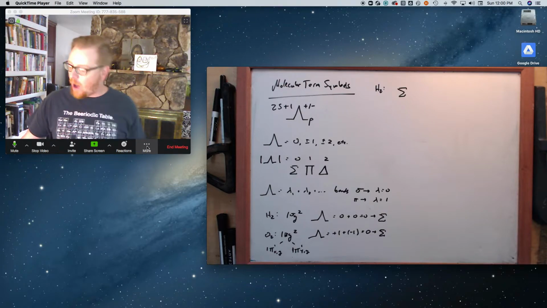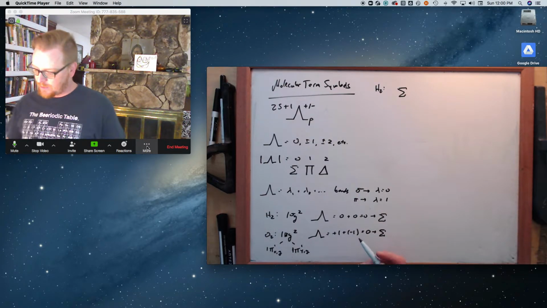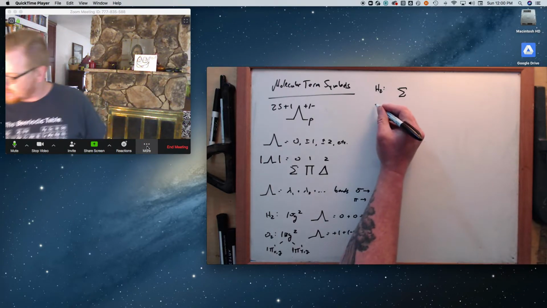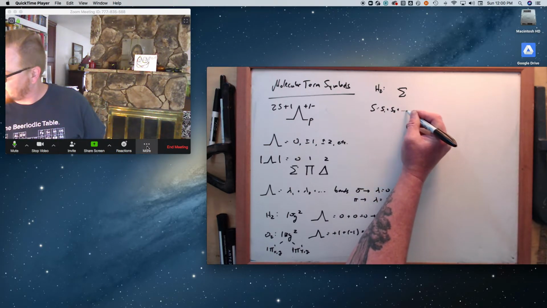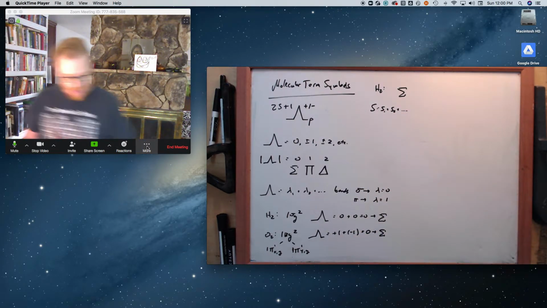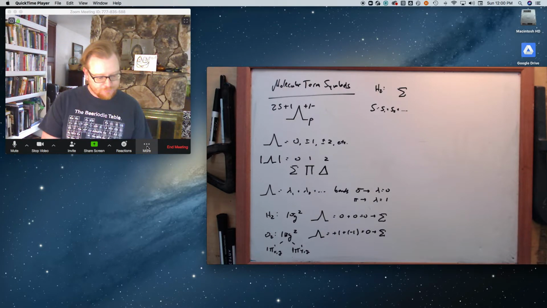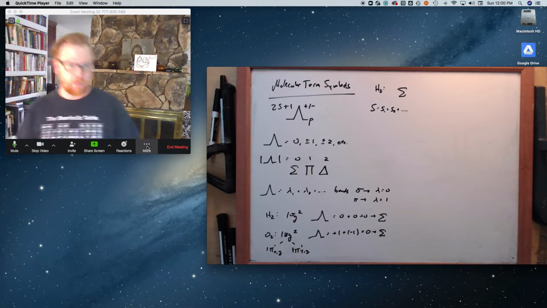And so now I have to consider my S, okay? And so my S is, right, I'm just going to sum up all of the other values of S, okay, and so forth. And with the H2 molecule, we have 2 of them, and we know that they're paired up.